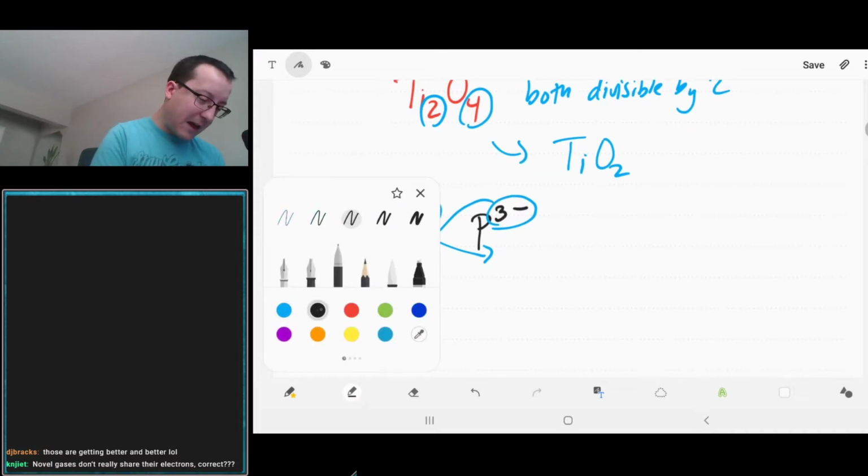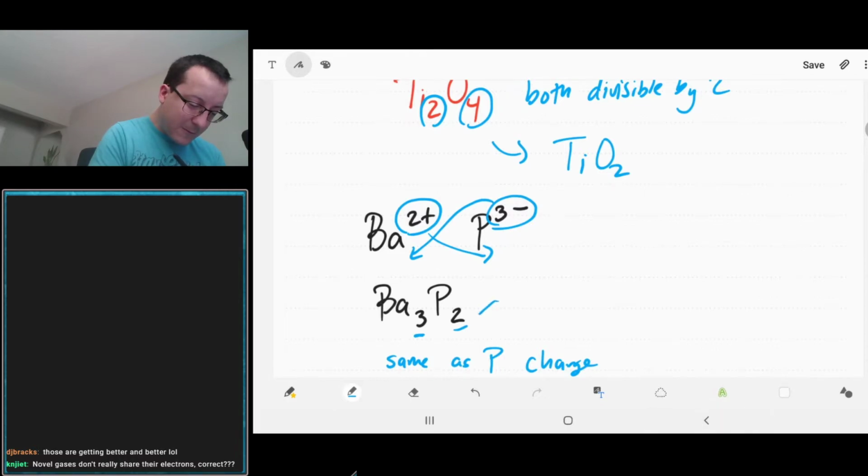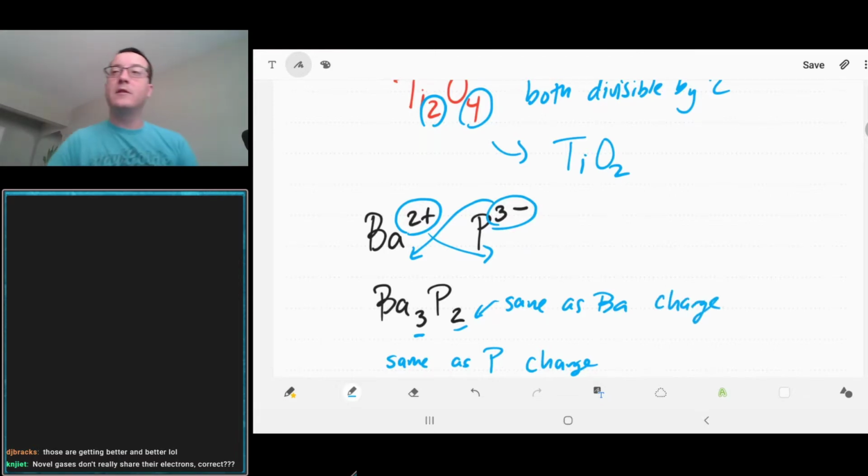And so by that I mean we end up with this, where this 3 was the same as phosphorus's charge, and this 2 was the same as barium's charge. So you could always do this, just crisscross it. That'll work, and that will give you a charge balanced compound.